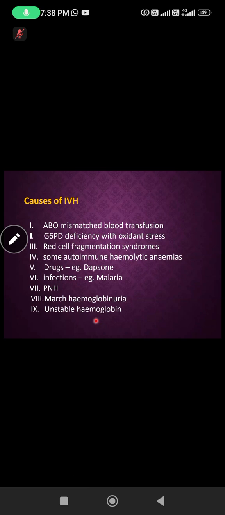These hemoglobins are really unstable, they undergo oxidation and they denature and deposit on the red blood cell. So when oxidative damage damages the red cell, again macrophages identify them and break them, causing destruction. Okay, right. So what are the laboratory findings?